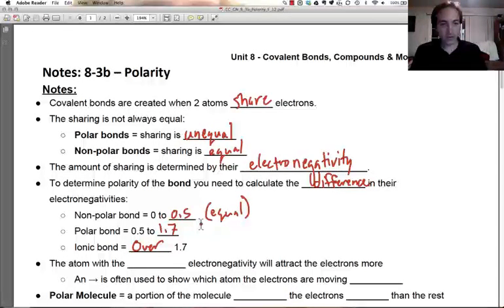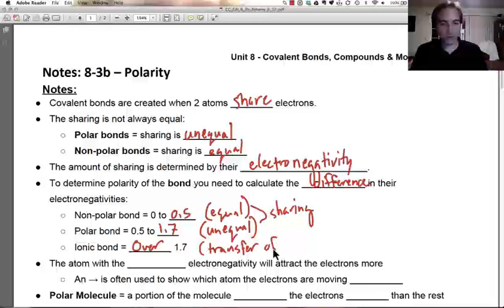Here it's unequal sharing, but they're both still sharing, because they're both still covalent bonds. In the case of the ionic bond, though, it's so far from being equal that it's a transfer of the electron.